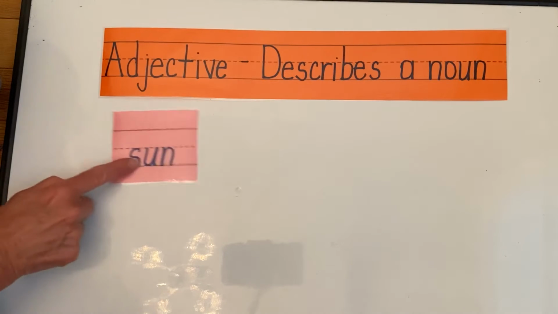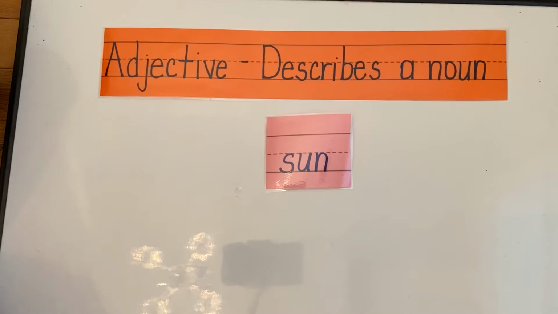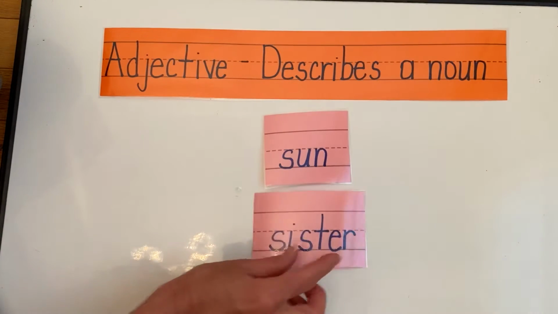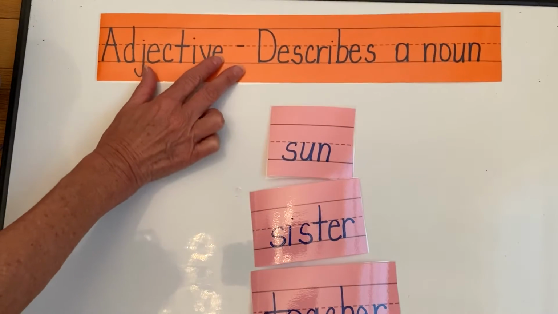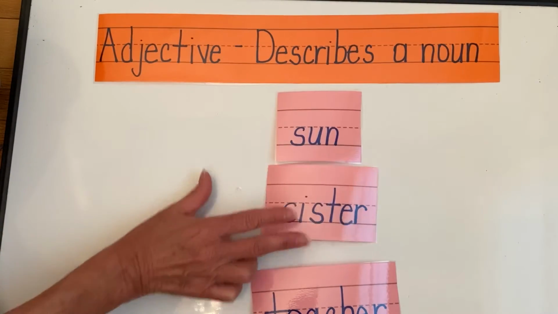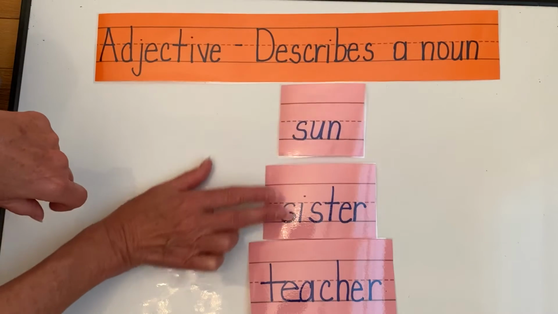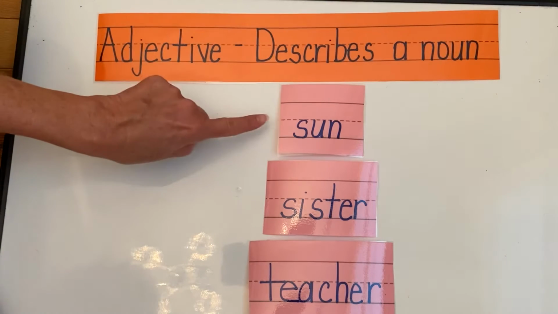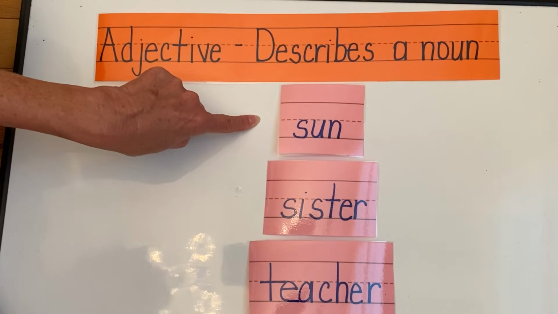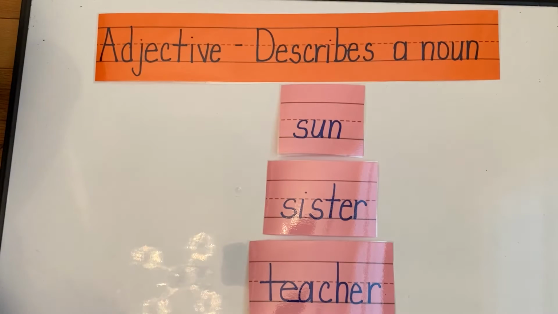We have the word son, sister, and teacher. Make sure you can see all of them. We know that the son is a noun because it's a thing, and sister and teacher are people. So these are nouns.